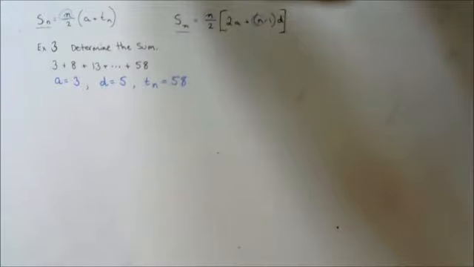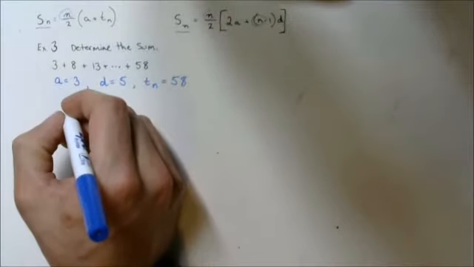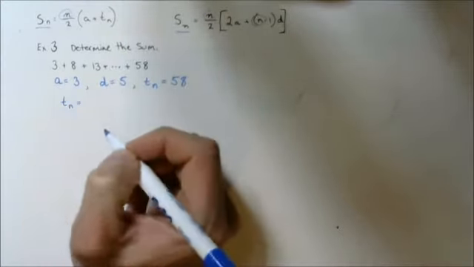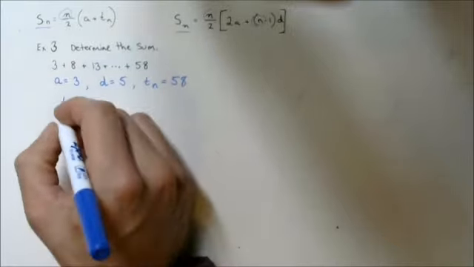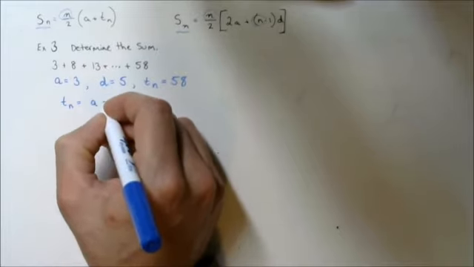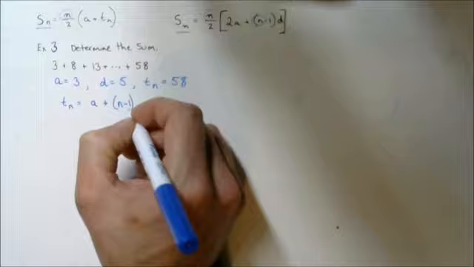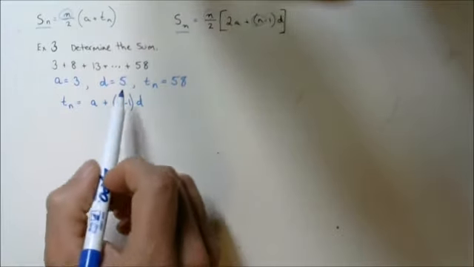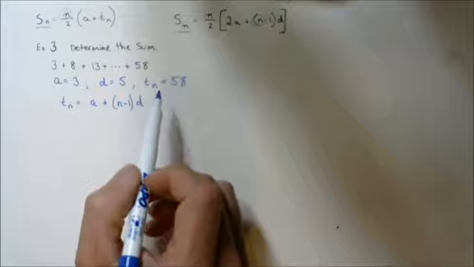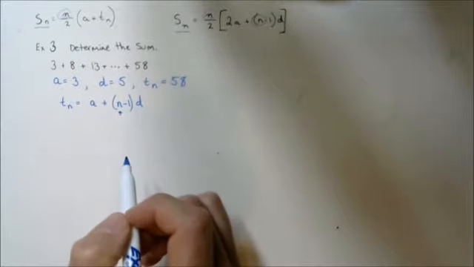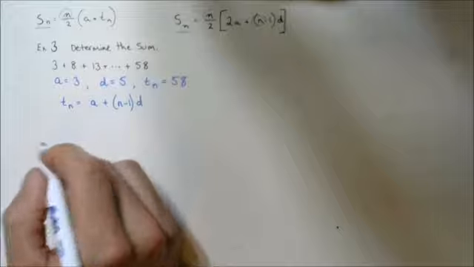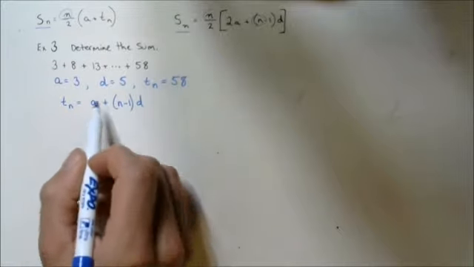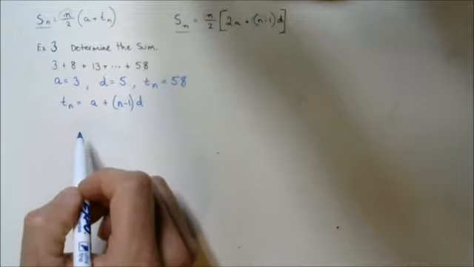So what we need to do is use our formula from a couple lessons ago for the last term in a sequence, which is t sub n equals a plus n minus 1 times d. And all of this information is the same. So we can use this formula to determine what n is, and then we can sub n into either formula for our arithmetic series and determine the sum of the first however many terms it happens to be. We're going to find out how many terms it is between 3 and 58 inclusive.